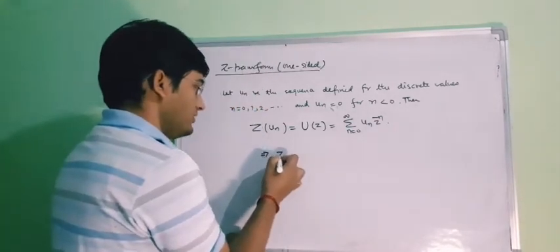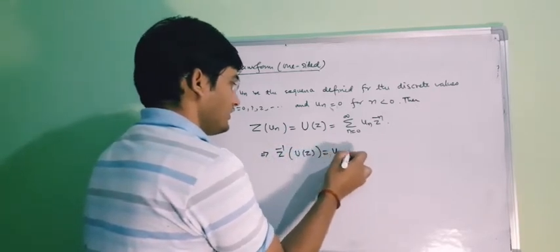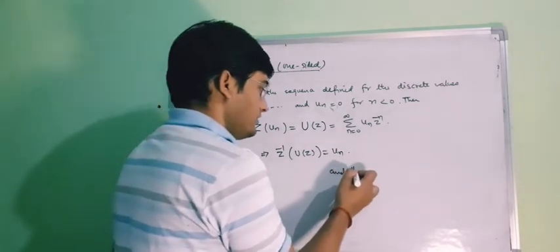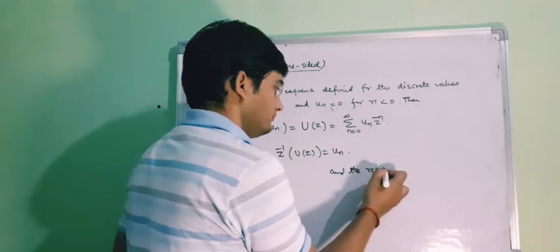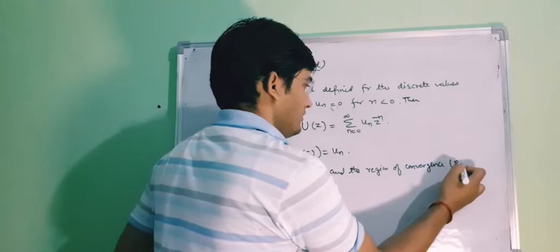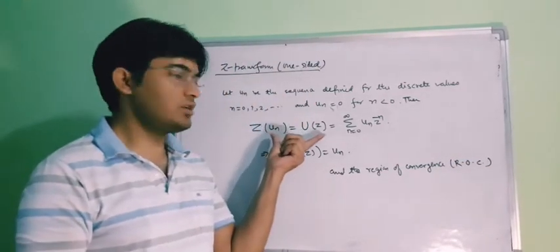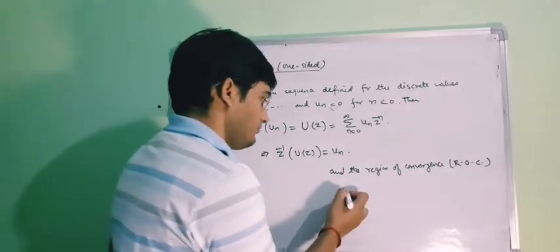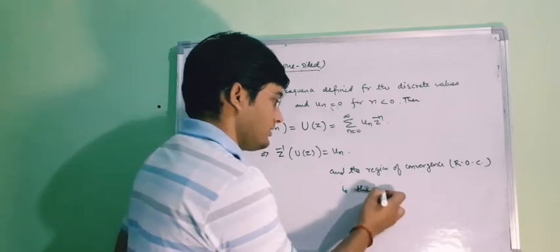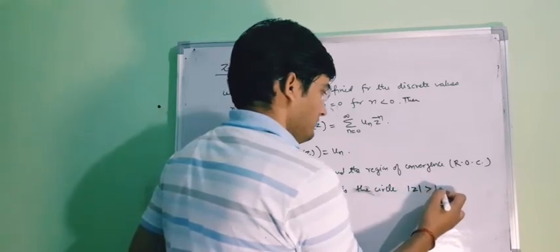From here, the inverse Z transformation will be the sequence un. So this is your inverse Z transformation. And the ROC, the region of convergence of this Z transformation, is the circle mod z greater than mod a.